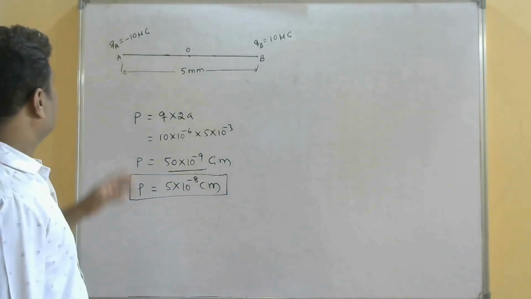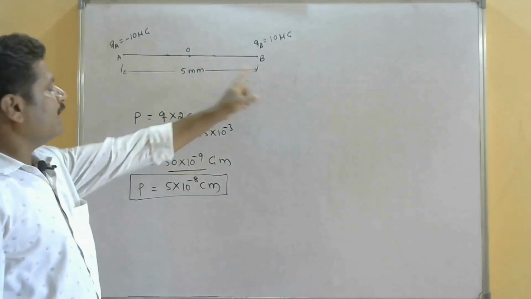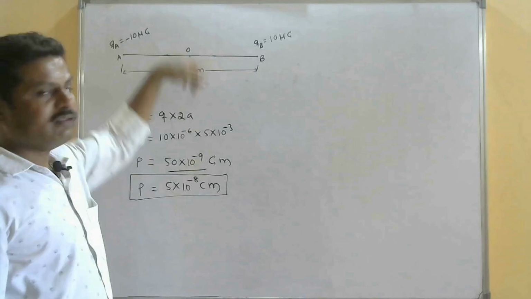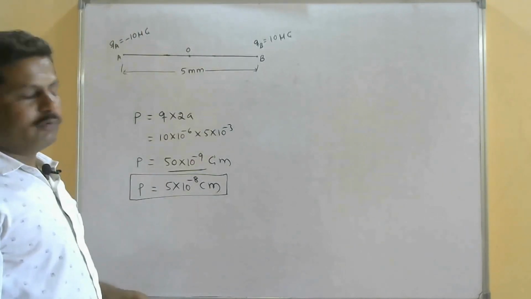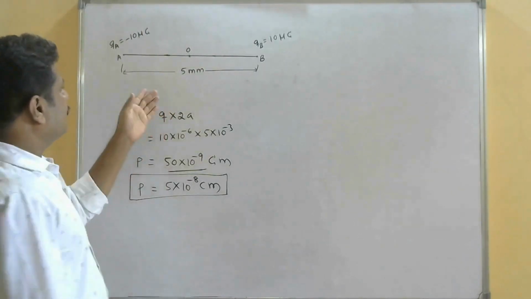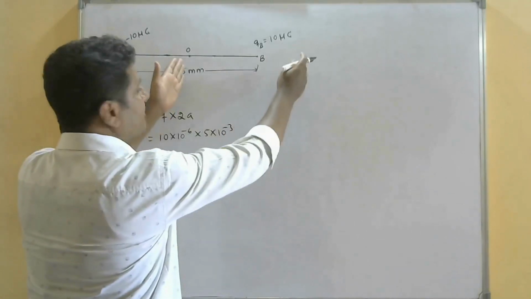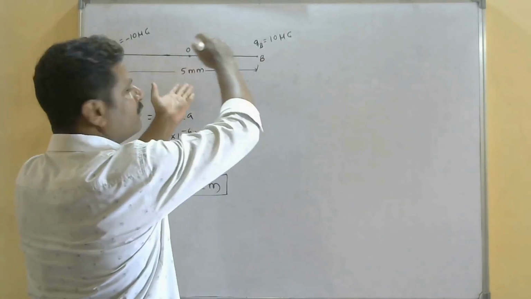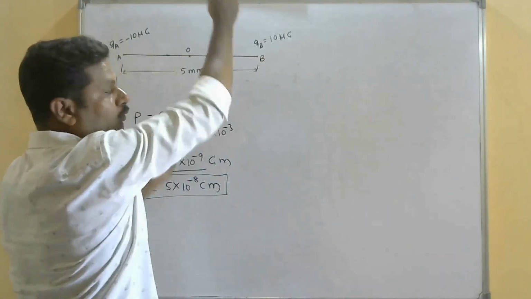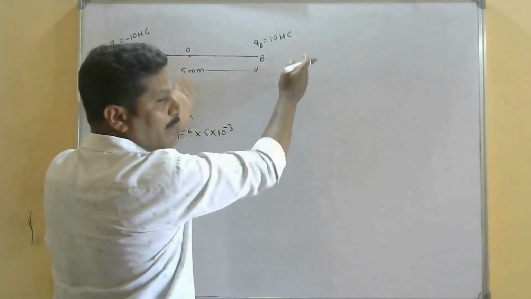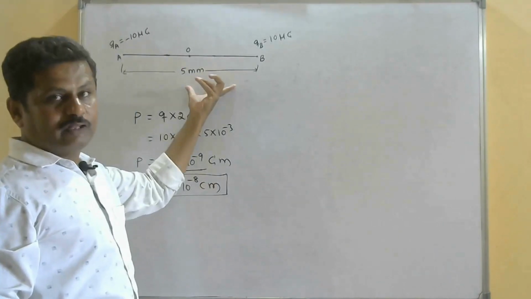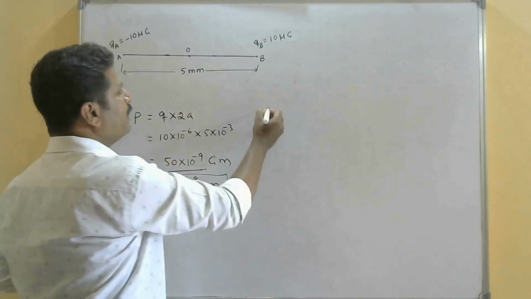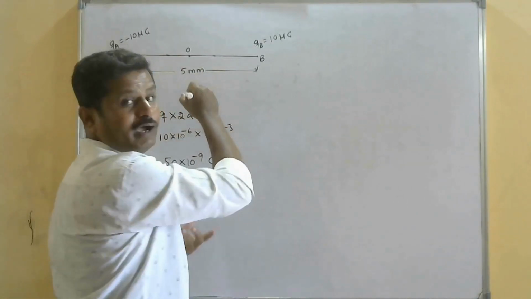Now we need to find out the electric field on the axial line as well as on the equatorial line at a distance of 1 meter from the center of the dipole. Here the distance of the point of observation is very large compared to the distance between these two charges. That is, 1 meter is much larger than 5 millimeter.